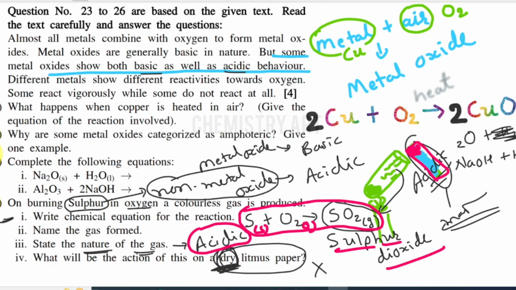But what will be the action on a dry litmus paper? The answer of the fourth will be there will be no change on the litmus paper. Because we are taking dry litmus paper, it will not show any changes, because it must be moist. If we have taken a blue litmus paper, it turns red and shows the acidic nature, but if dry, then it will not change.